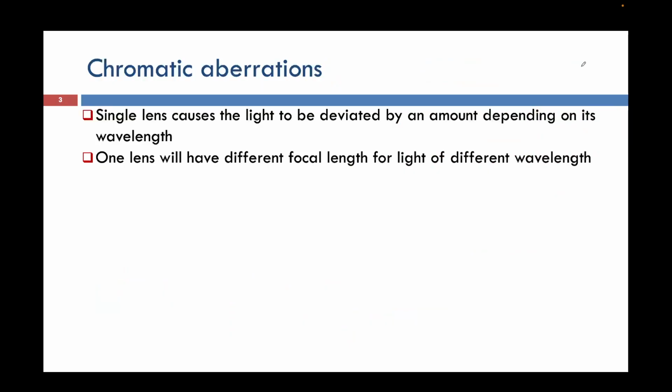What do you mean by chromatic? Chromatic means color, something related to color, right? So chromatic aberration means the defects associated with the lens might be coming due to color. For an optical microscope, we are considering that our light is white light, right?